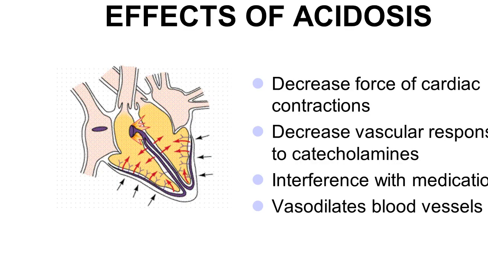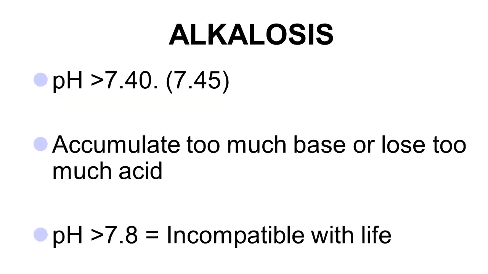We're concerned because of the effects of acidosis on the heart, vascular response, how it interferes with medication, and causes vasodilatation of blood vessels. That is our concern. Many times when our patients have some kind of acidotic issue, we'll see snowballing effects on the cardiac system.